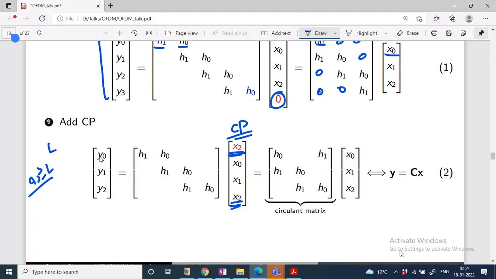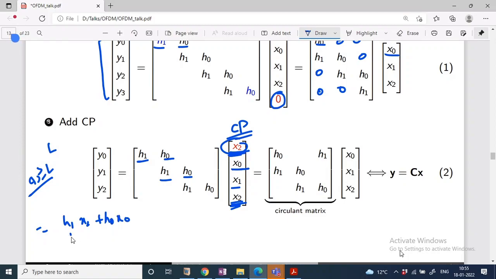So you can see Y0, Y1, Y2. H1, H0, H1, H0, 3 taps, 2 taps. So X2 is the cyclic prefix. So H1 X2, H0 X0, then H1 X0, H0 X1. This band we have to remove, so I can write here H1 X2 plus H0 X0.